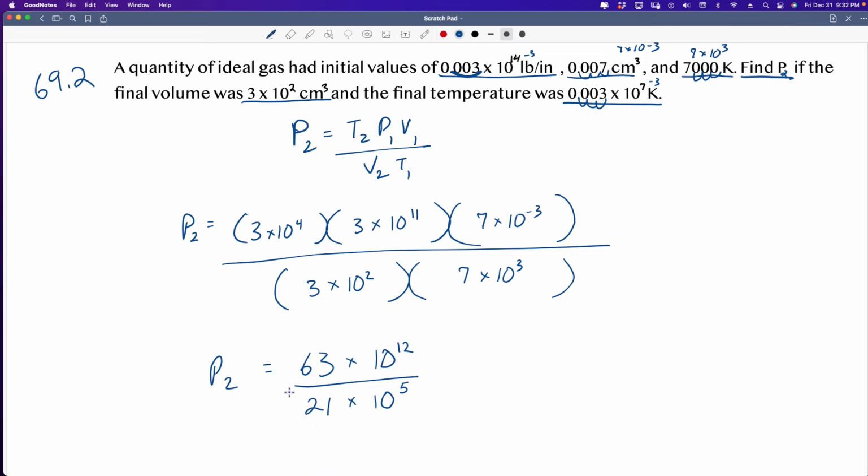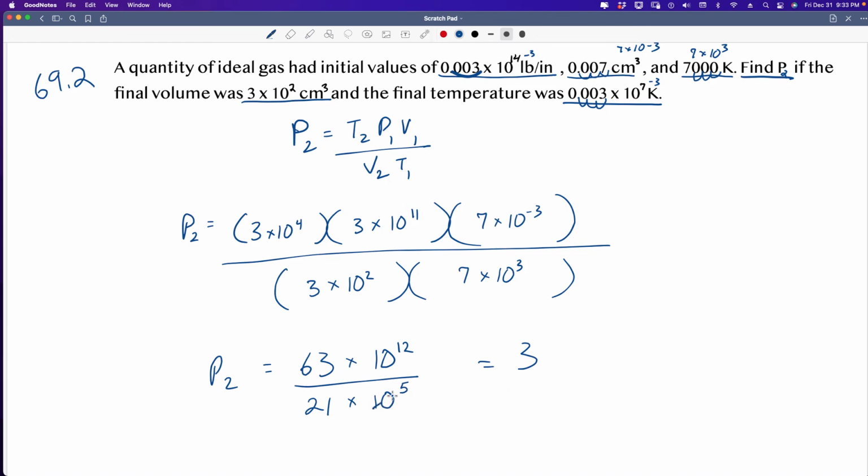All right. Now, I could go ahead and move the decimal and change this, but looking at these two numbers, I can see that 3 times 21 is 63. So I'm not going to do that step at all, because I know that my answer is going to be a whole number. So 63 divided by 21 goes 3 times.